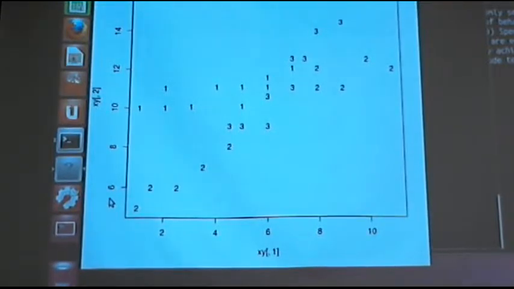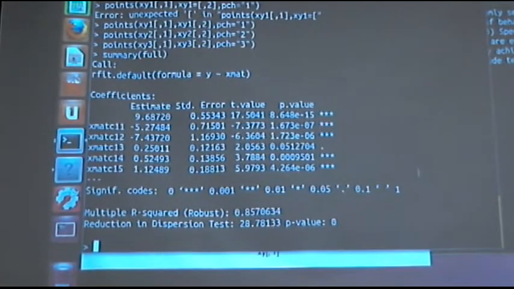I have a question on the output. Not the plot. On the output it says reduction in dispersion test. Is that the F value of the? That's all betas equal to 0 except the intercept. It's equivalent to this thing here. It's just this restandard. Okay.